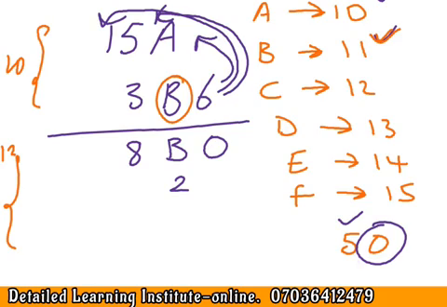Now we are going to say b times 5, which is 11 times 5, and 11 times 5 will give us what? 55 plus 9. We are carrying 9, so 55 plus 9 will now make it 64. So we are saying 64 now converted to base 12.